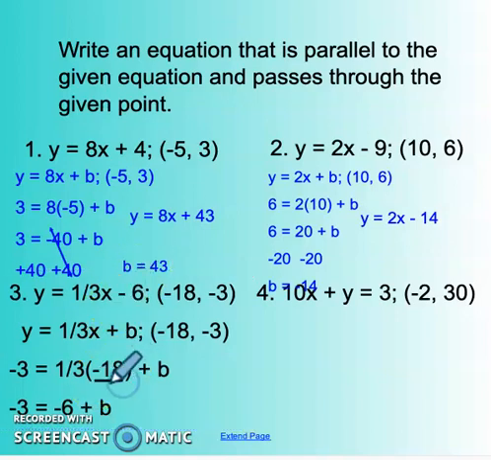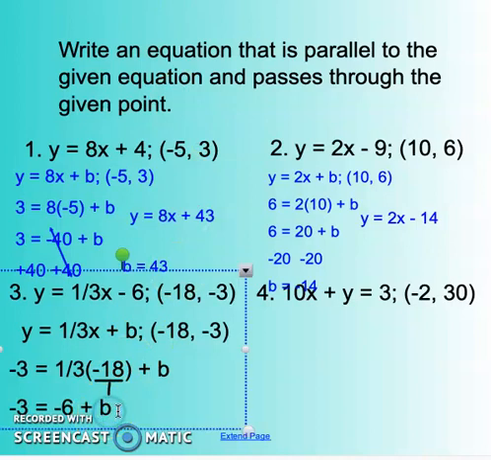Some of you actually already knew that if you take 1/3 of 18, you get 6, because if I take 18 divided by 3, then I get 6, and then I just need to add that negative on. And now when I solve this, we have 3 equals b plus -6.